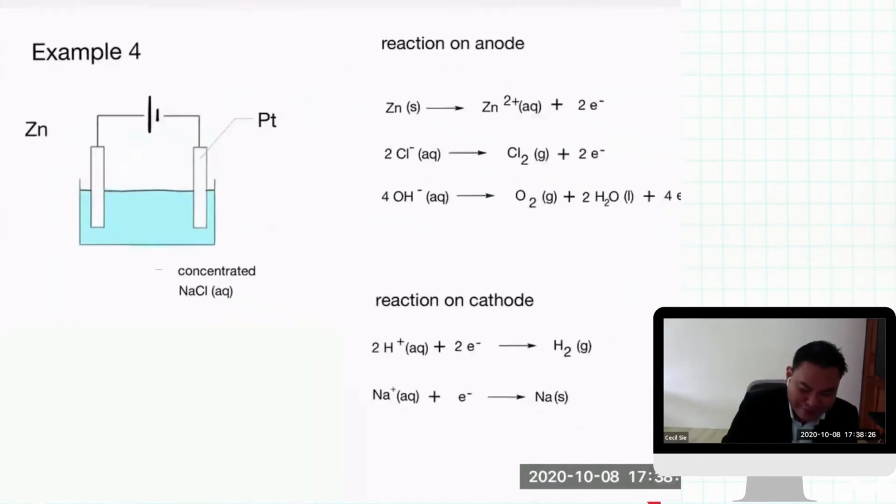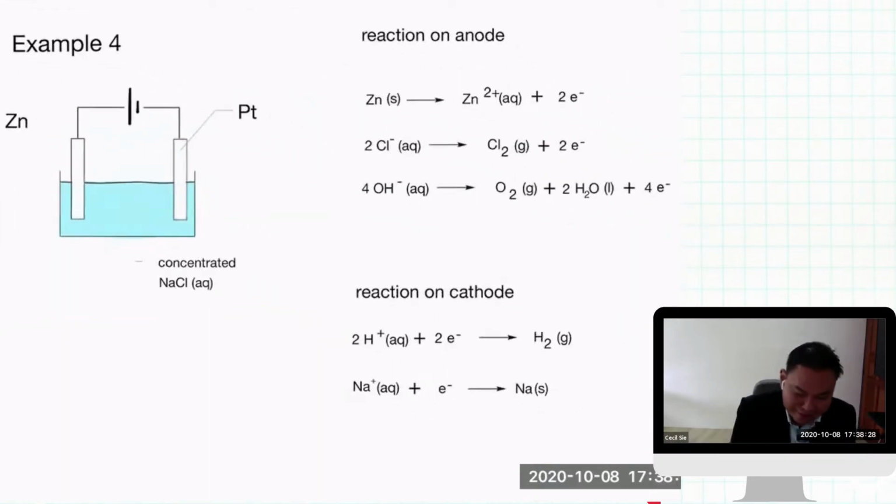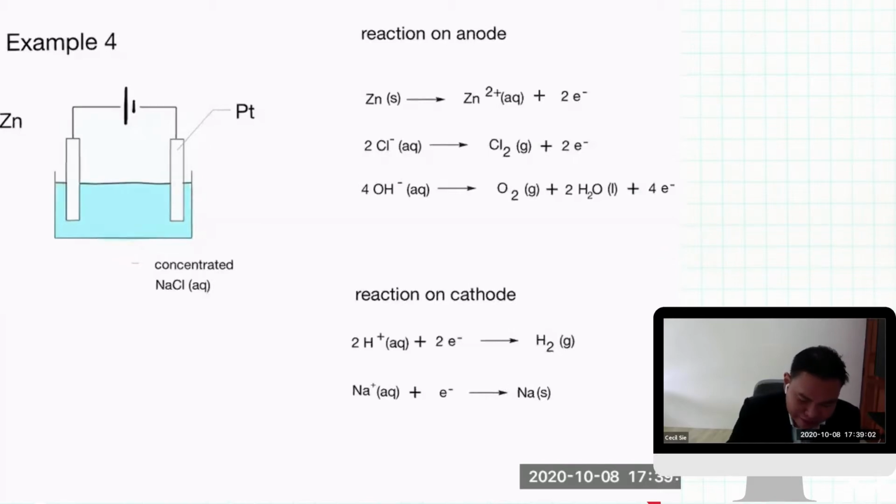Example 4. Last example in this video. The anode is zinc, cathode is platinum, and the electrolyte is concentrated sodium chloride. We have 5: zinc, Cl minus, OH minus, Na plus, and H plus. Na plus and H plus, we remove that option. Then, out of these 3, which one you choose?